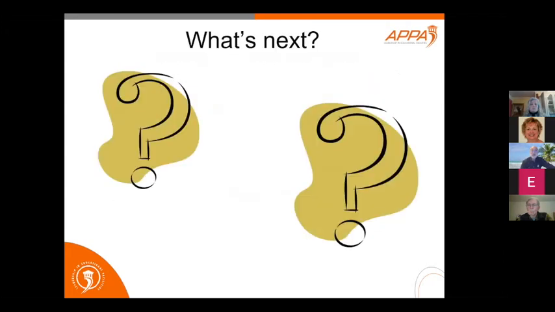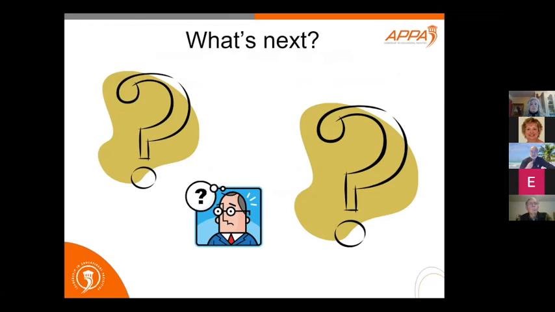So you may want to know what's next. What do I do? Well, this is when we're going to start answering some questions and hopefully solving some of your problems. If you haven't been typing in questions in the chat box for Billy, we can utilize the raise hand feature, and you can let us know that you want to ask a question, and Billy will turn your microphone on.